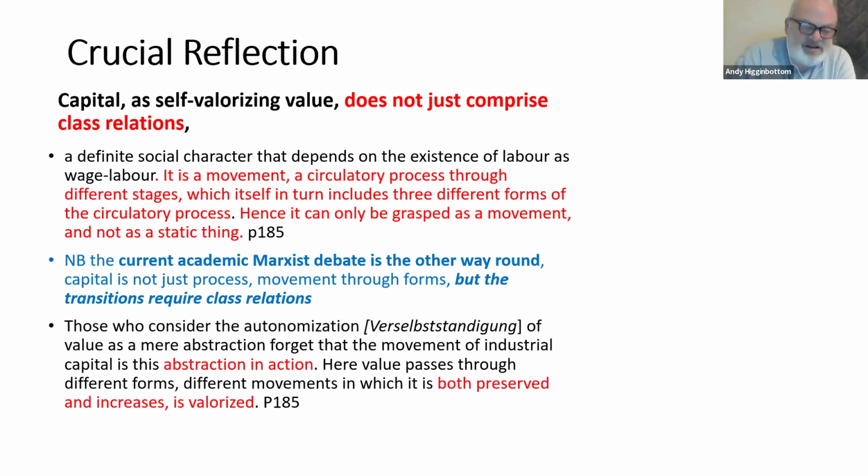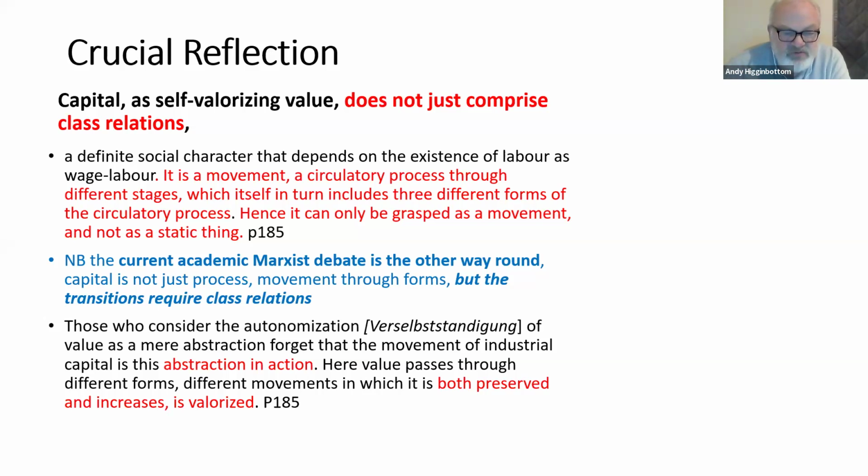Now, Marx says this: those who consider autonomization of value as a mere abstraction forget that the movement of industrial capital is this abstraction in action. This is his phrase. Here, value passes through different forms, different movements, in which it is both preserved and increases, is valorized.